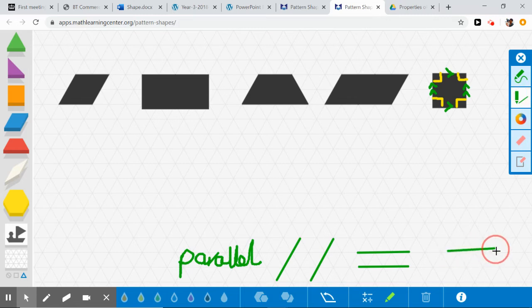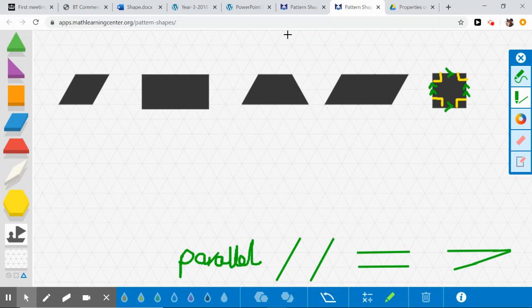If I do this, this isn't parallel because the distance from here to here is more than the distance from here to here. And if that line carried on, then it would eventually meet this line. So they are not parallel. These two are. So the property of a square, it has four right angles, has four sides that are equal, and it has two pairs of parallel lines.